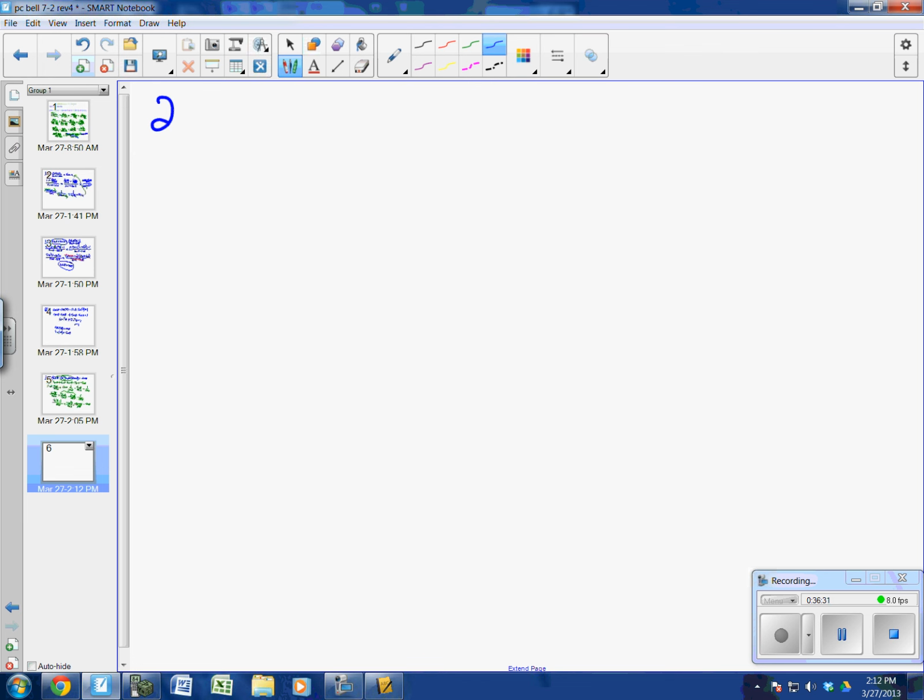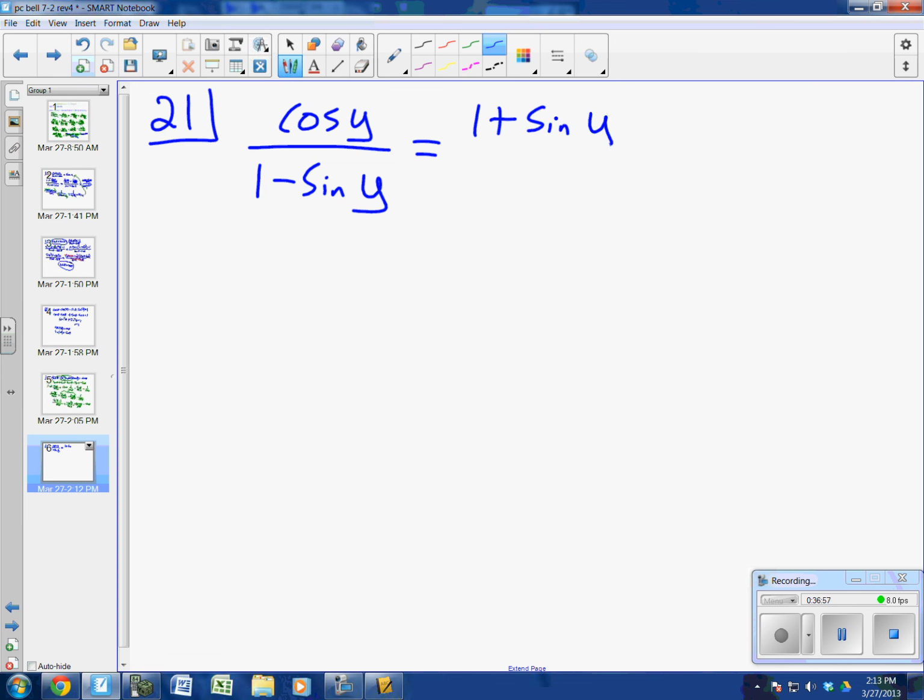21. What does 21 say? Cosine of y over 1 minus sine of y. I never did this one for the other class.